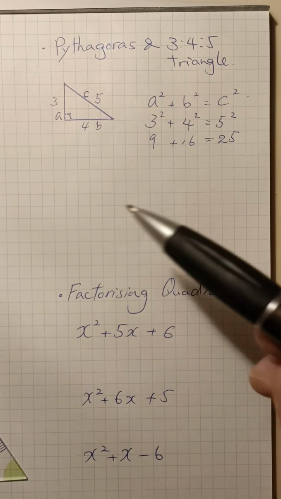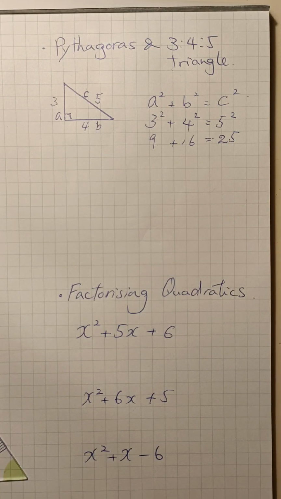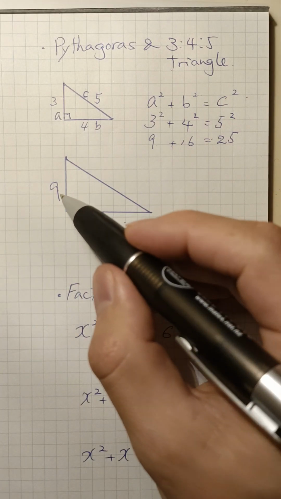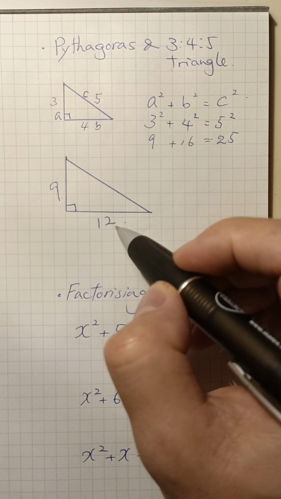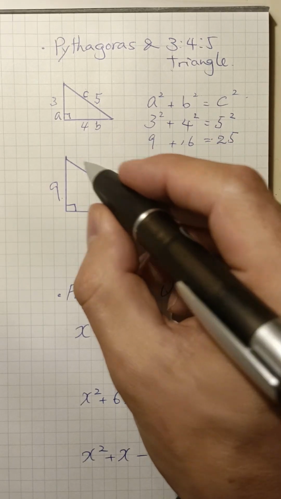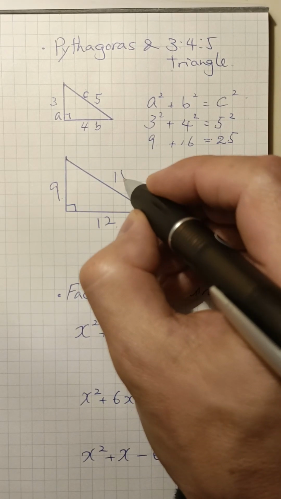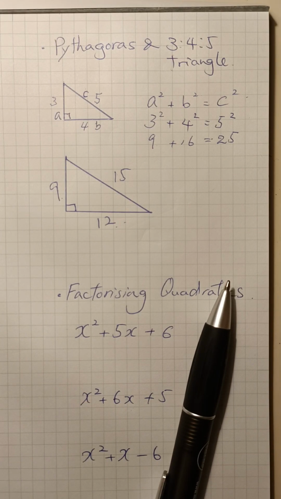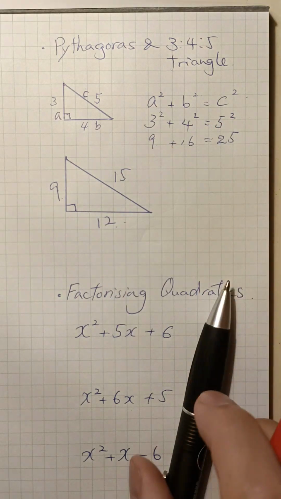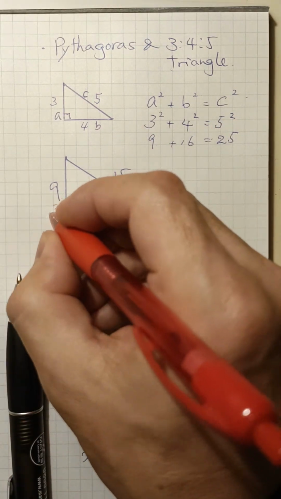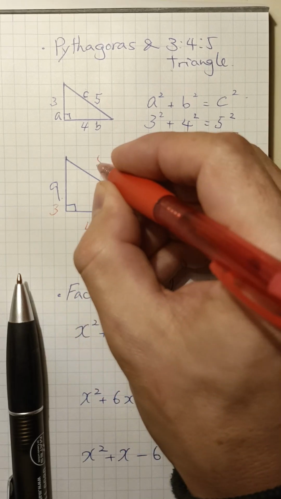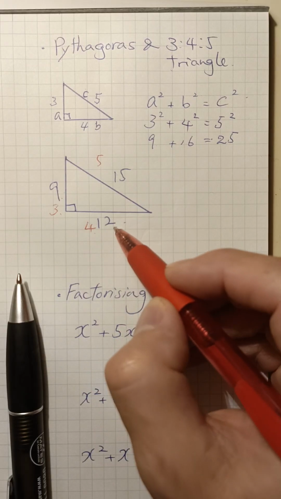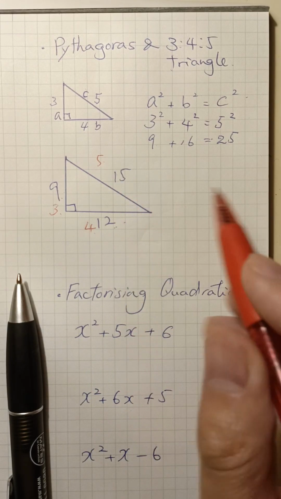And also, say there is a right angle triangle like this, and the lengths are 9 and 12, I can find this length straight away: 15, because the ratio of the sides is 3 to 4 to 5. So 3 times 3 is 9, 3 times 4 is 12, and 3 times 5 is 15.